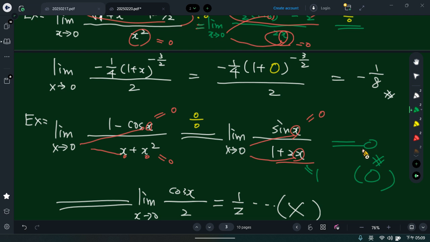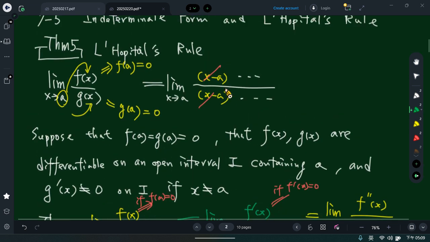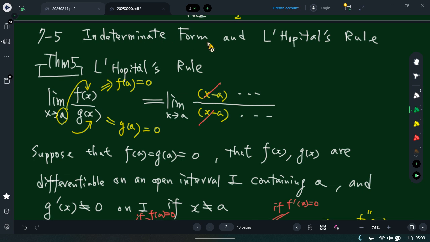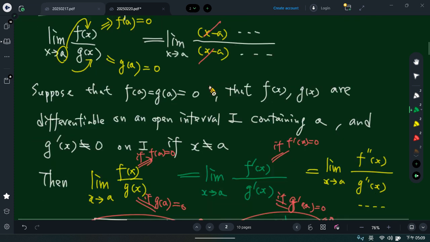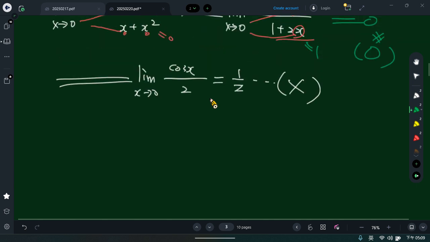The third one is infinity. I believe you still remember infinity is a meaningless number. So actually, one of the three possibilities will happen. So that's why we call it indeterminate form. That means I cannot make sure whether the result will be a meaningful or a meaningless number. So this is what we call indeterminate.